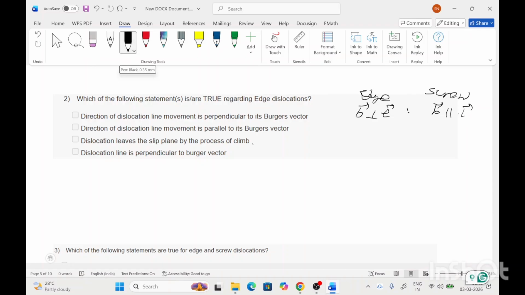We also discussed that for the edge dislocation the movement is parallel to the Burgers vector, and for the screw dislocation the movement is perpendicular to the Burgers vector. For the edge dislocation it leaves by climb, and for the screw by cross slip.